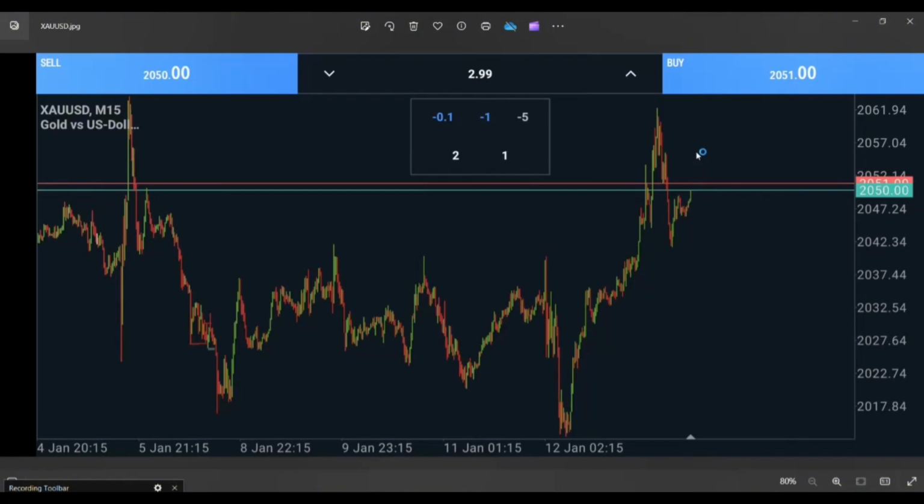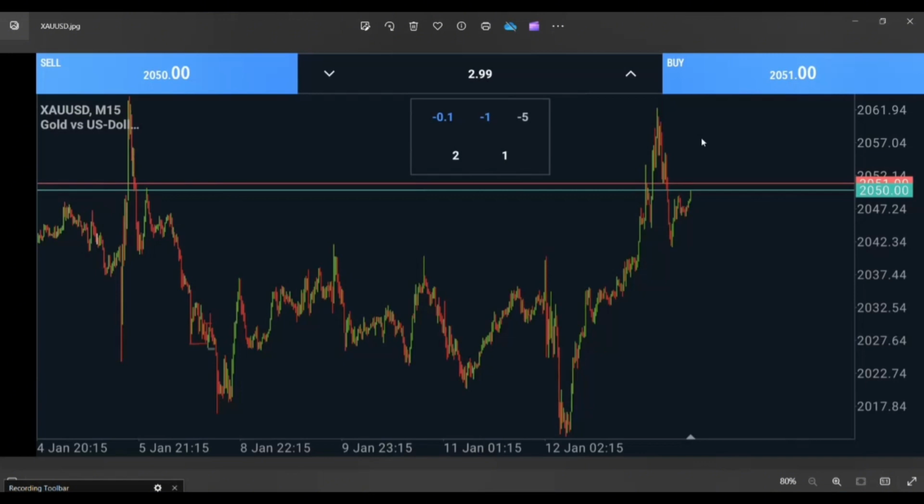Anytime gold gets there, let my broker fill my order. So you have set an order before time. You have set an order that is going to be executed at a later time. It is not instant. It is not immediate. It is something that is going to happen later. That is called a pending order.